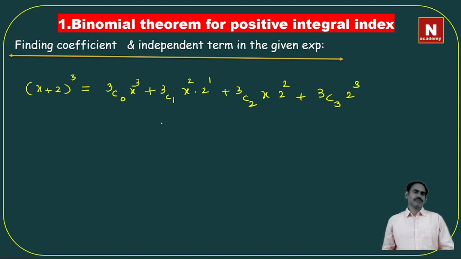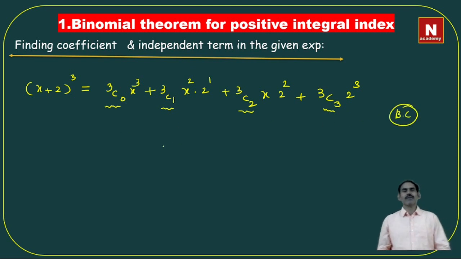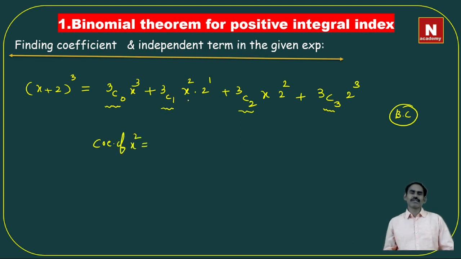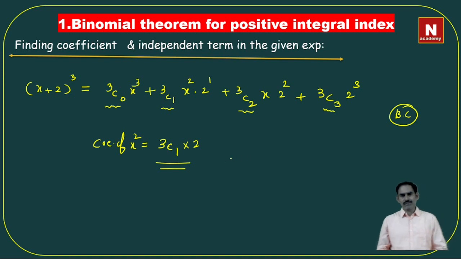Here you have to remember binomial coefficients are different, coefficients are different. These 3C0, 3C1, 3C2, 3C3 are called binomial coefficients. But if they ask for the coefficient of x square, except x square, the remaining part, 3C1 into 2, is called the coefficient of x square.